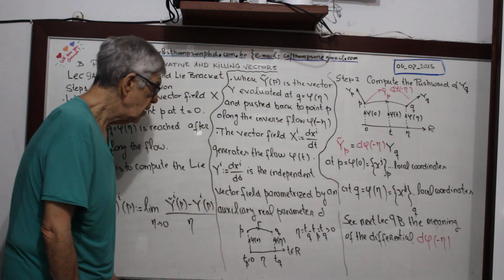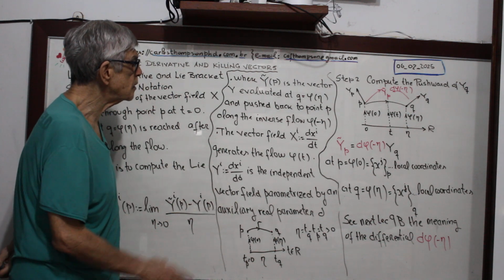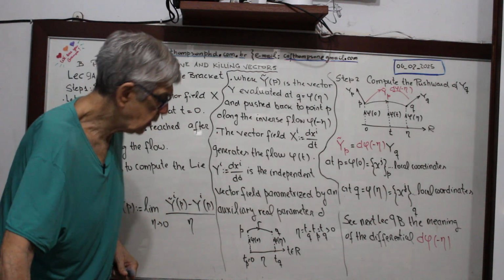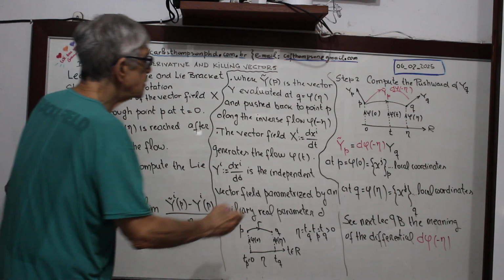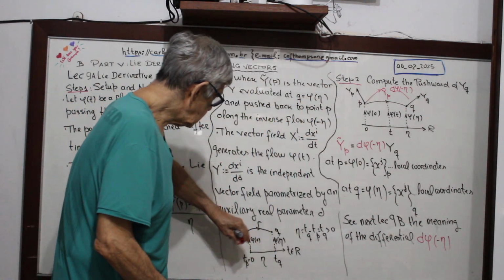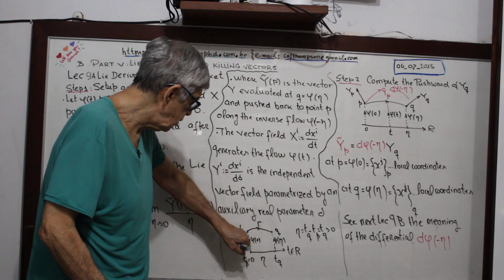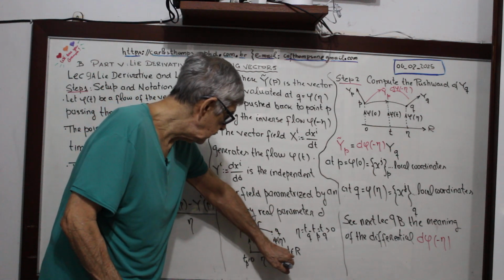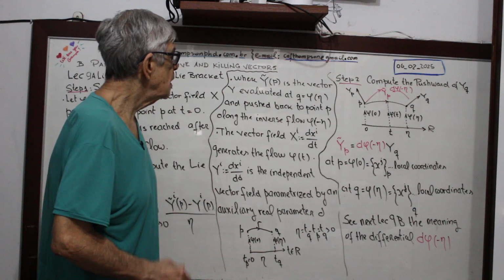I think we did this before, but I'm repeating. This was step 1. This figure is important because phi of 0 is point P, phi of eta is point Q, and t belongs to the reals.